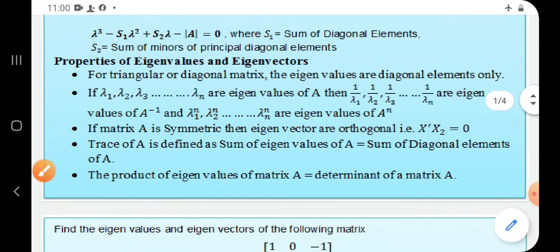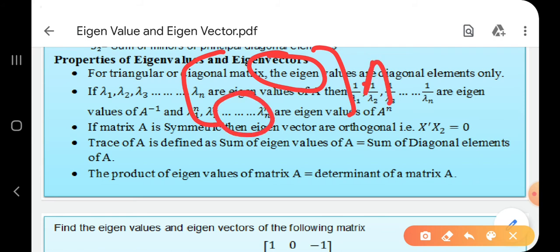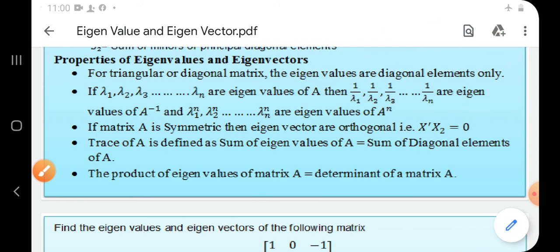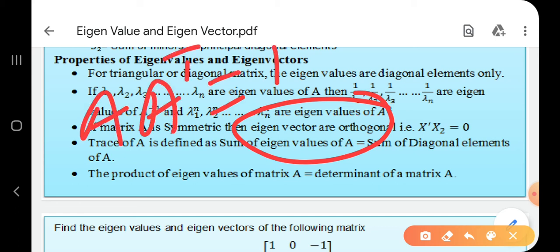Now, for a symmetric matrix, we use one concept. Do you know a symmetric matrix? Whatever values are here, the same values are present here. That matrix we call a symmetric matrix. That is, A is equal to A transpose. For a symmetric matrix, eigenvectors are orthogonal. Not an orthogonal matrix. An orthogonal matrix is A into A transpose equal to identity.